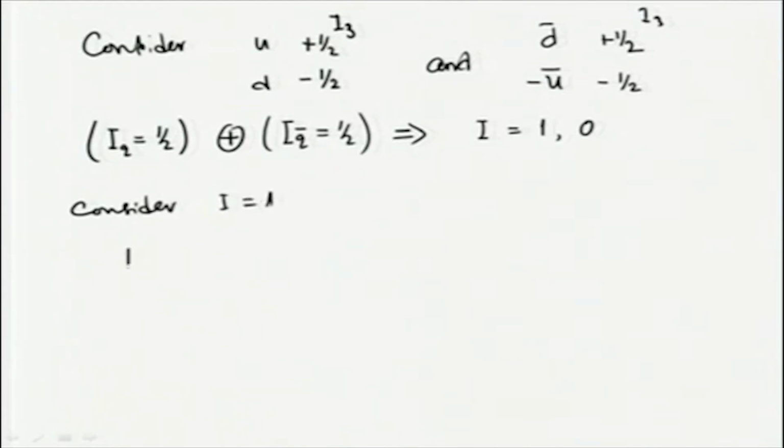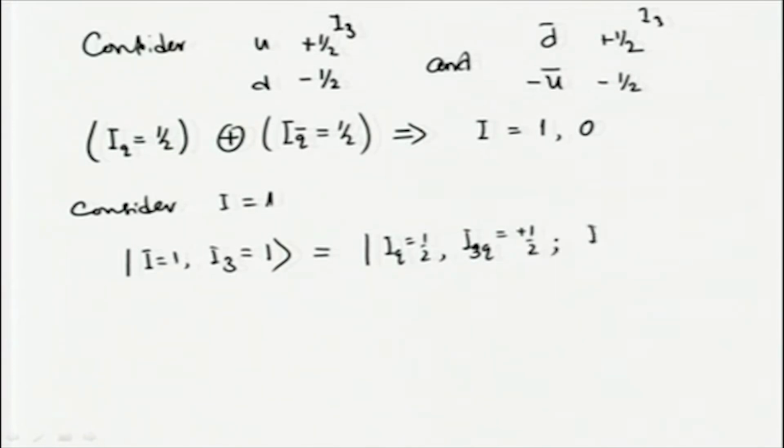Again, if we think about I equal to 1, I3 equal to 1, there is only one combination that can give this in terms of the quarks, which is I q equal to half, of course, that is the only thing, I3 q equal to plus half, and I q bar equal to half and I3 q bar equal to plus half.